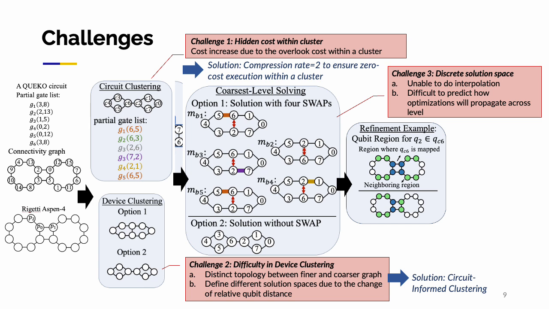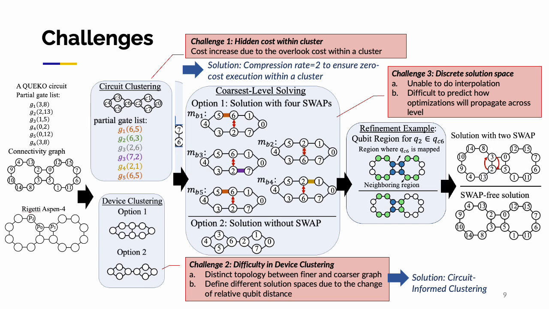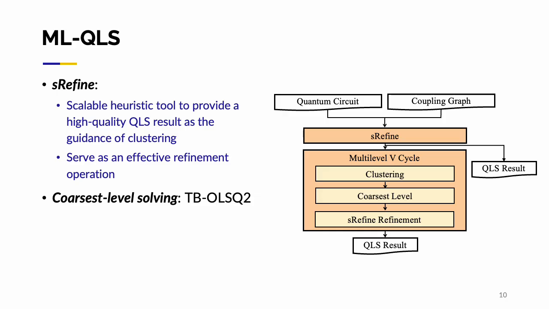However, at the coarser level, we may make some mistakes, so we also include a neighboring green region for Q2 to explore. When refinement operations solve within this region, we achieve the following result. Surprisingly, option 2 still gives us a swap-free solution, which confirms that the circuit-informed clustering is quite effective.